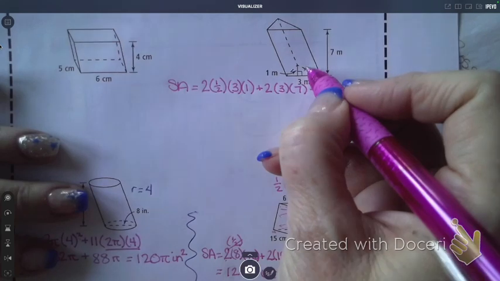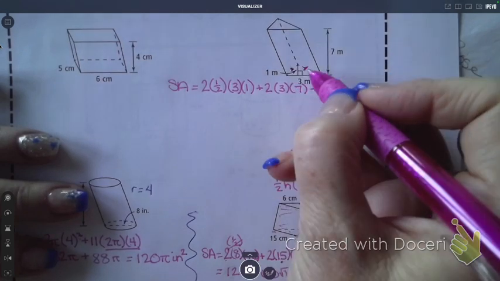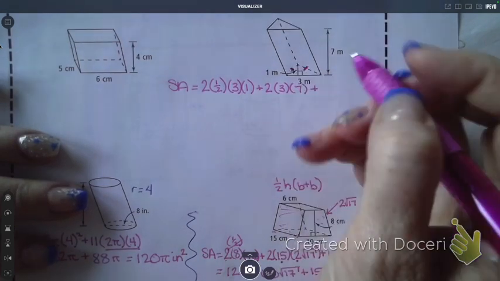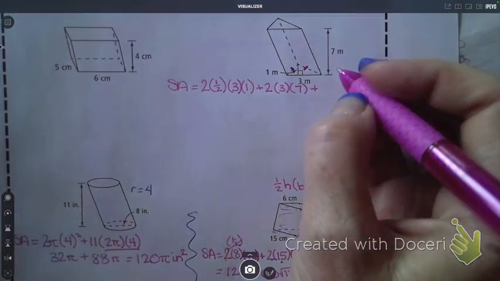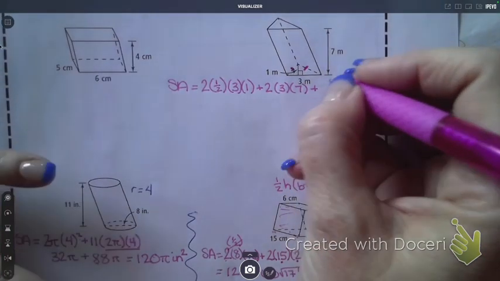I'm going to tell you guys these are all the same, the base. It isn't, but I'm going to tell you it is.